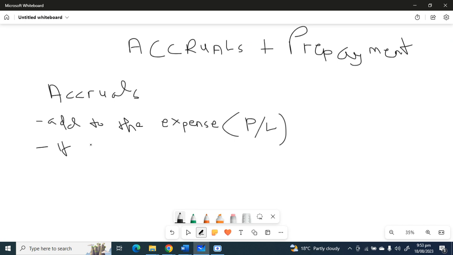Then it is a current liability. This is for accrued expenses. Current liability in the balance sheet.